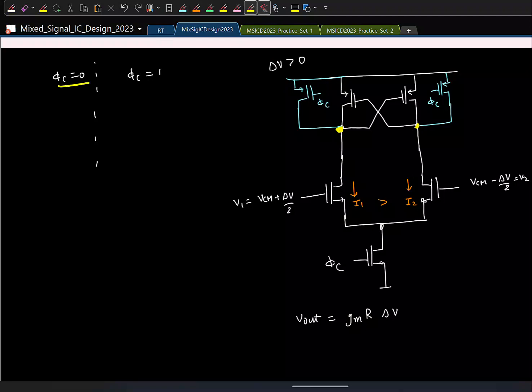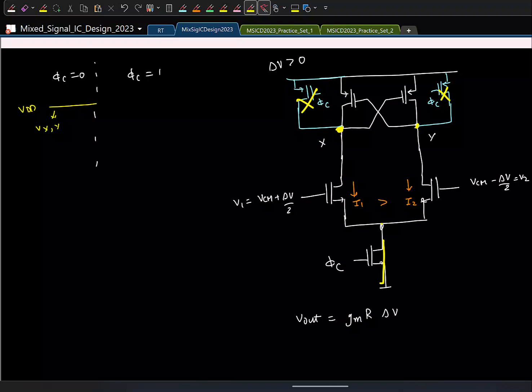So in phi C 0, what can you say about the outputs X and Y? They are at VDD. So I'll maybe draw with this guy. So this is both X and Y. And when phi C is made active, this guy is on, these switches are off. Okay. So since the switches are off, I'll basically remove this.